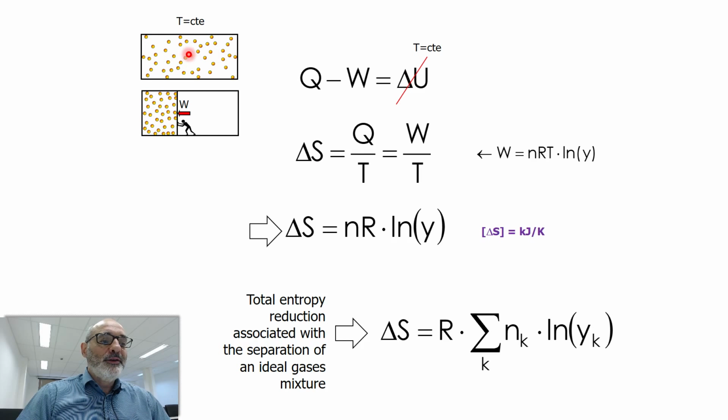Applying the first law for this system, with the isothermal compression process, T equals constant, I want to calculate work, and delta U being 0 because temperature is constant, I get that Q equals W.